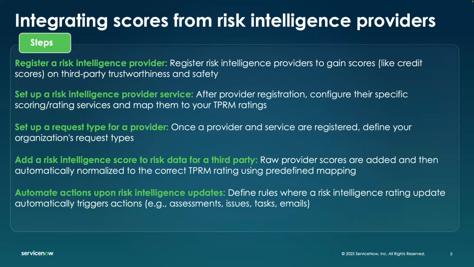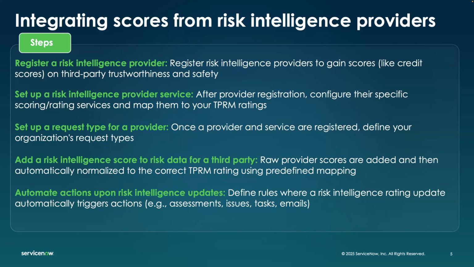So leverage the risk intelligence providers to obtain critical scores on third-party reliability. These scores are similar to credit ratings that help assess how safe and trustworthy a vendor is across different risk areas.